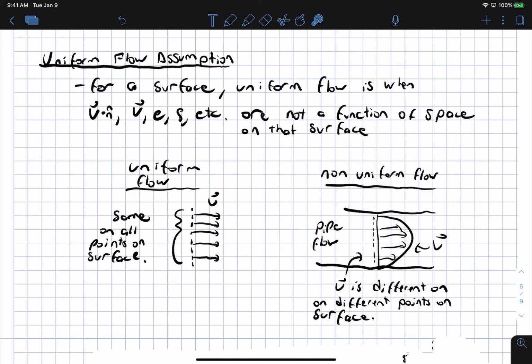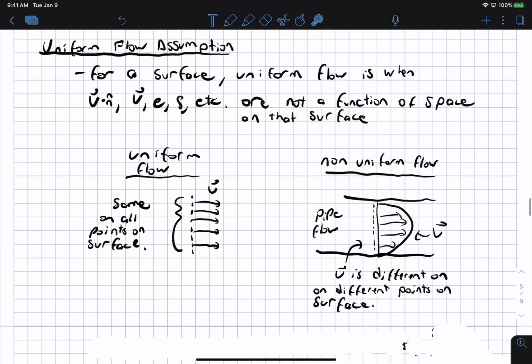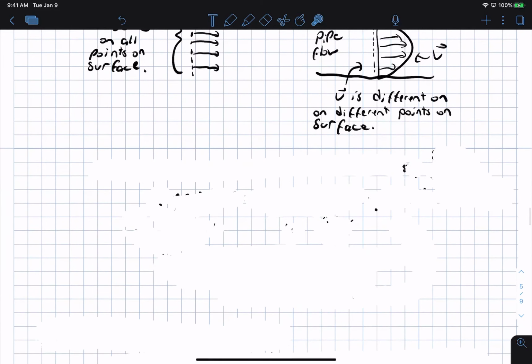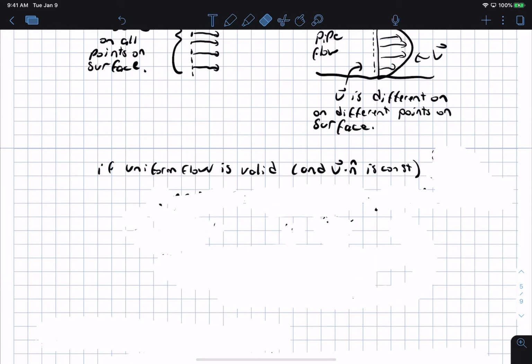However, if the uniform flow approximation is valid, and v dot n hat is also constant, then we can look at our generic flow rate formula, which is the area integral of eta rho v dot n hat dA.